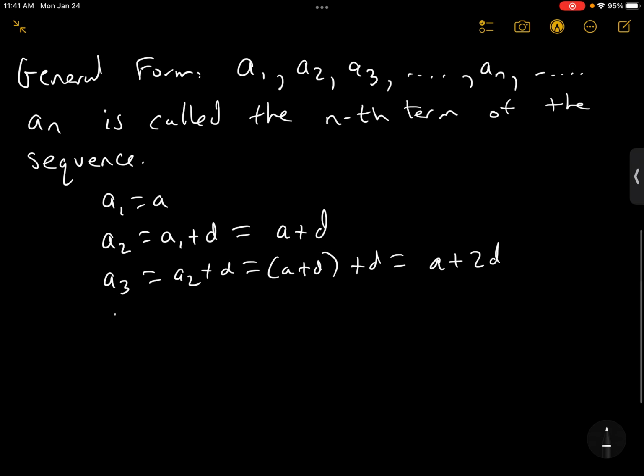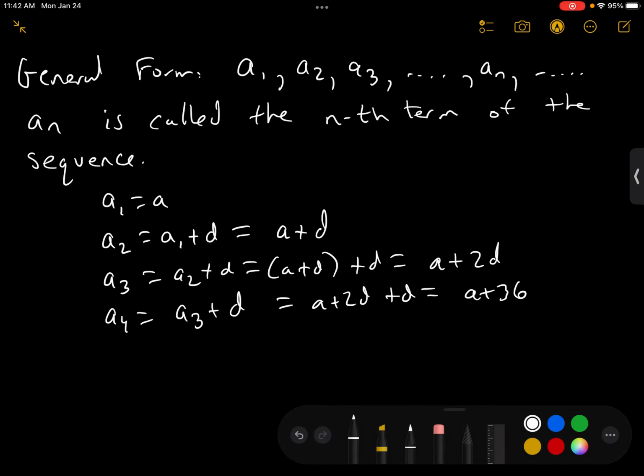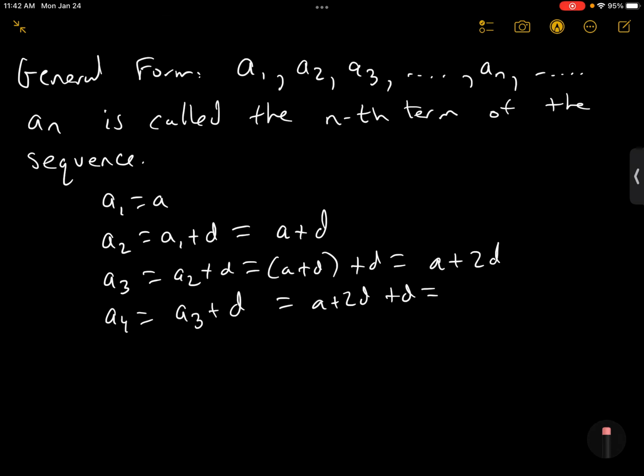And our fourth term is going to be the third term plus d, which is this plus d, which is A plus 3d. And so if you go down here to the nth term, you have the first term plus the n minus 1 times d.